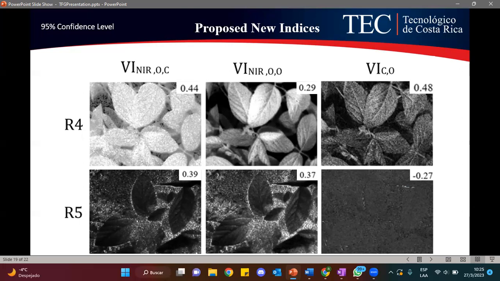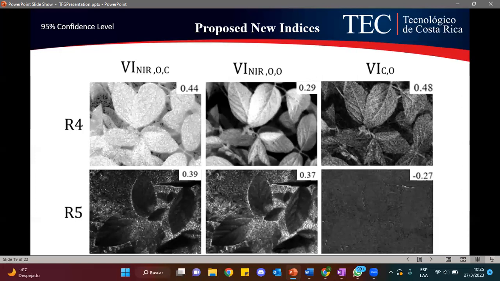Initially, the Kruskal-Wallis test was applied with a 95% confidence level to make sure that there were no significant differences between leaf area index and the proposed vegetation indexes. So you can see from the values and the visible features of these images that they are accurate.